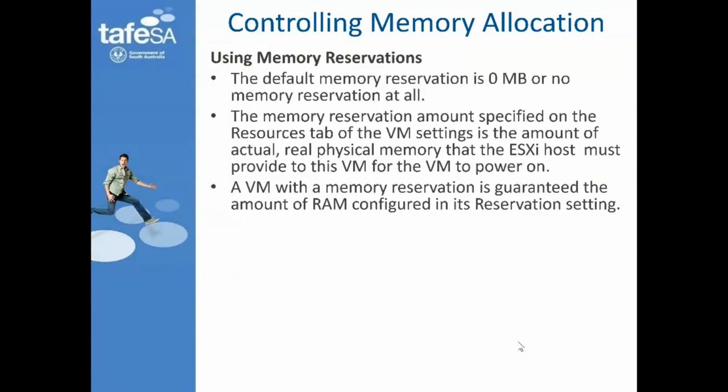This is guaranteed how much physical RAM it has access to. A VM with a memory reservation is guaranteed the amount of RAM configured in the reservation setting. So obviously, where would we do it? We would do it for the very high value, critical virtual machines. For the low value ones, probably configure no reservations at all.